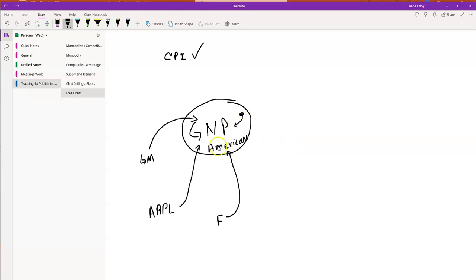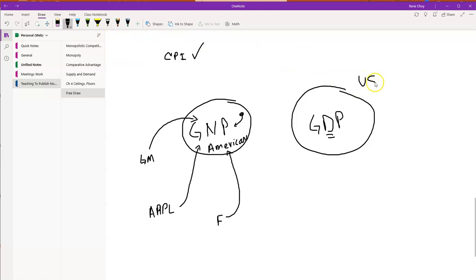Now, the metric that we're using today is not GNP, it's GDP, Gross Domestic Product. Now, gross domestic product uses production in the geographical area. So if this is the geographical area we call the United States of America, then any production inside the United States of America will be measured towards US GDP, regardless of whether it's produced by an American company or not.